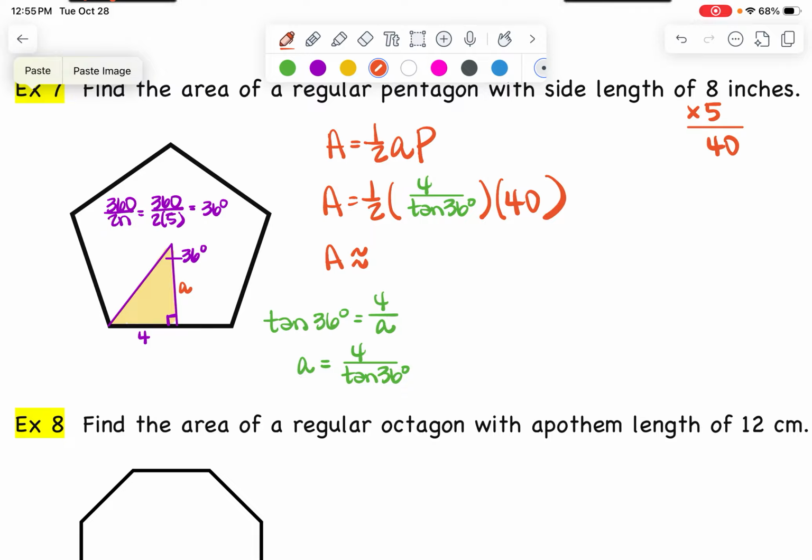When I type all that in, I get 110.1, which would be square inches. Ta-da. See, it's not too bad, right? I just have to do a little bit of trig work to find the apothem because I don't have any special right triangles to figure it out.